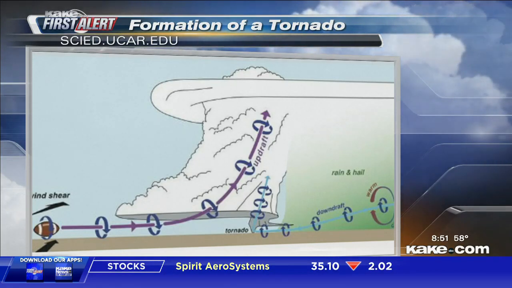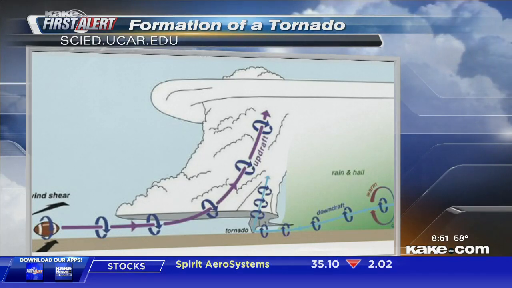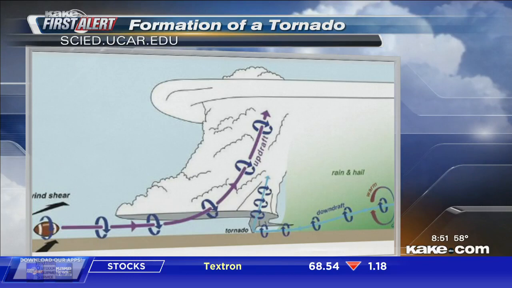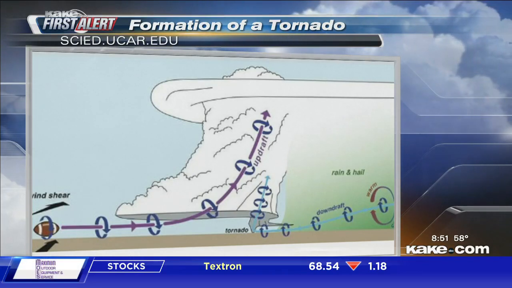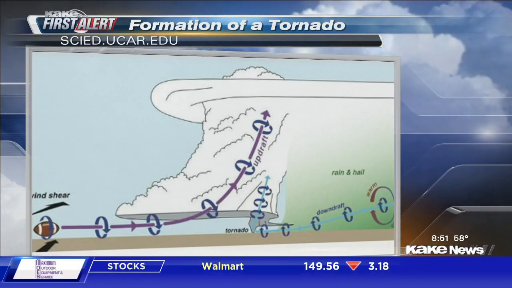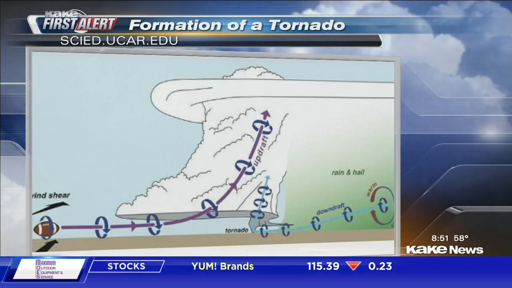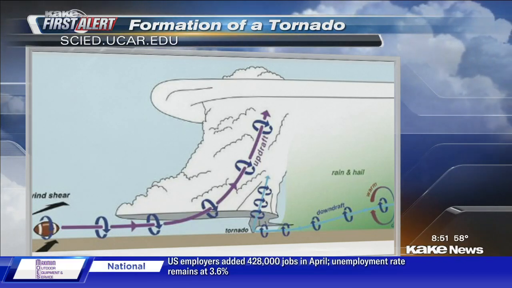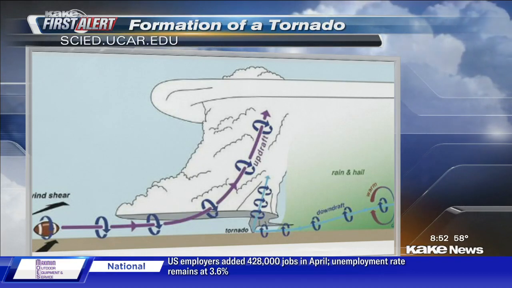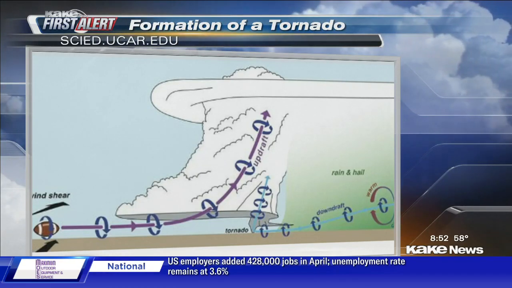That kind of turns that spin into a vertical direction. The thunderstorm starts to spin as a supercell, and then you know how a skater can spin faster if she pulls her arms in? That's how a tornado works. As the rotation of the thunderstorm narrows down to the area of that tornado, that is when you see the strong winds, 100, 200 miles an hour.